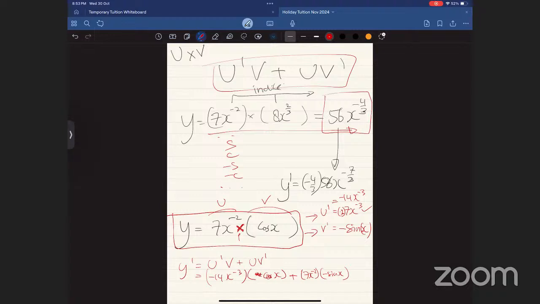Then you do normal things. But if you cannot simplify, look at the second situation. How can I simplify 7x power minus 2 with cosine x? I can't. And that is their intention. They're trying to give you something that you cannot get rid of. So when that happens, then you use product rule.